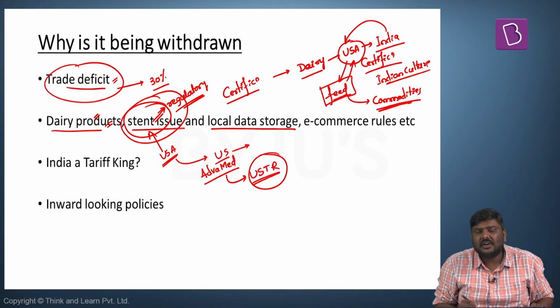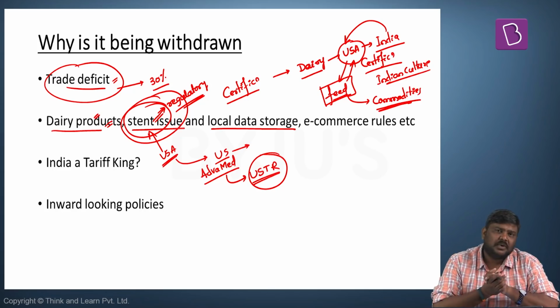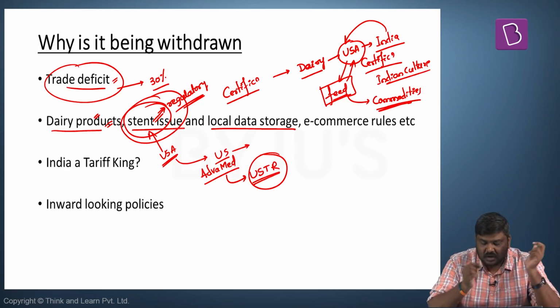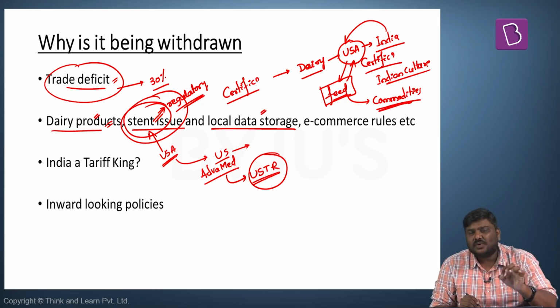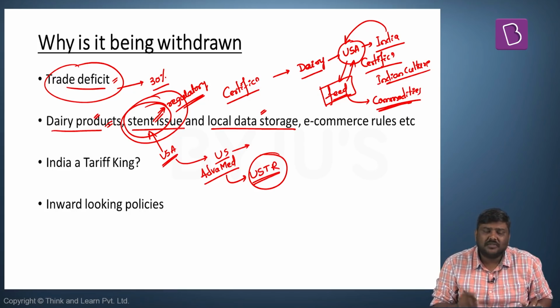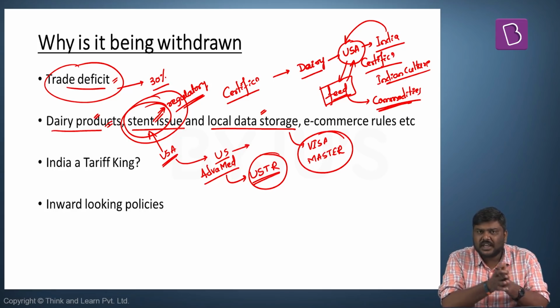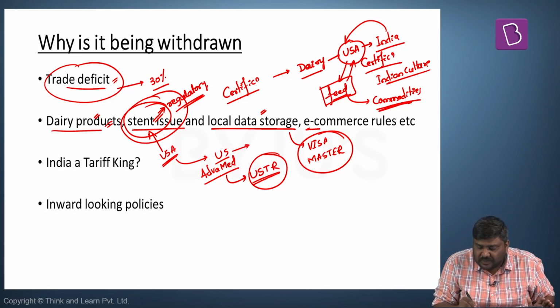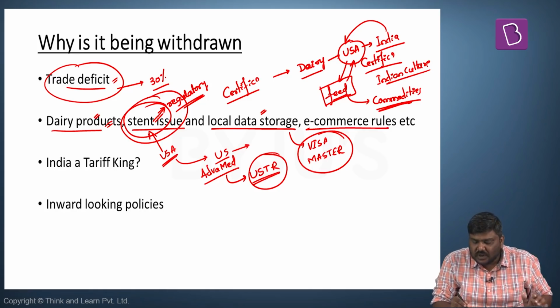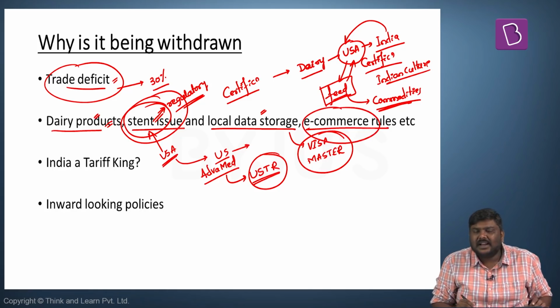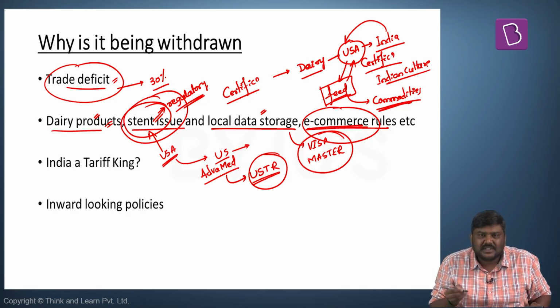Apart from this, very recently, some of the authorities of the Government of India have issued guidelines related to data storage or local data storage, which has to be done by companies such as Visa, Master, etc. This also has become one of the flashpoints between the Government of USA and the Government of India. Another very important flashpoint was the new guidelines issued by the government under the e-commerce sector.